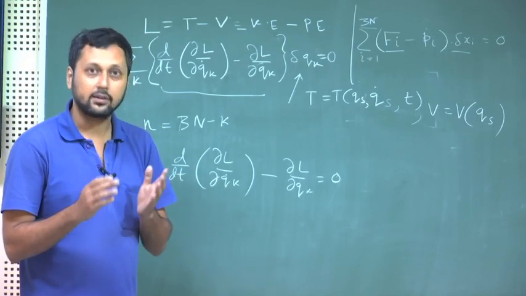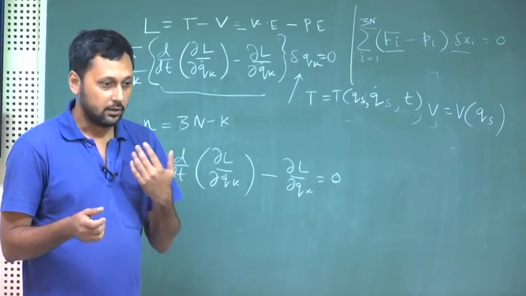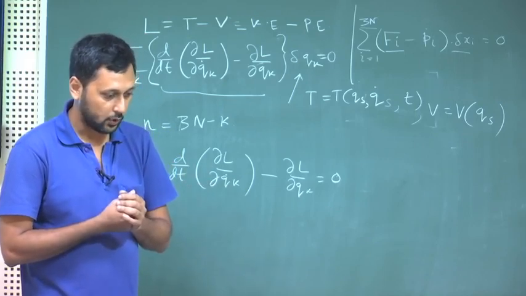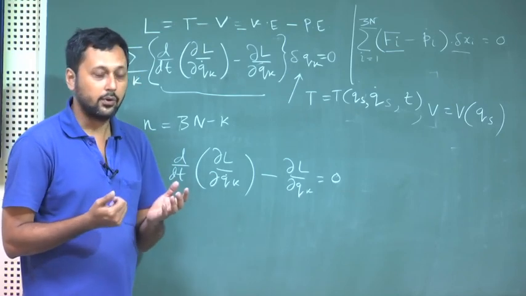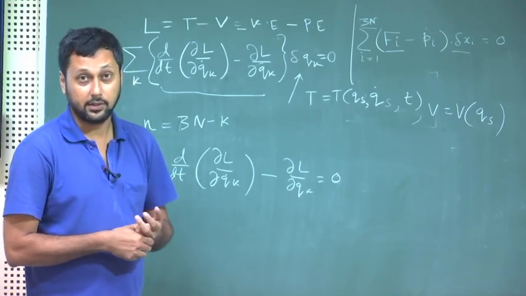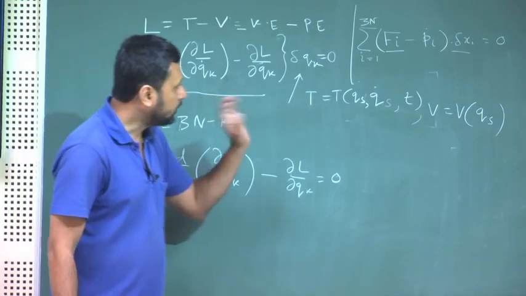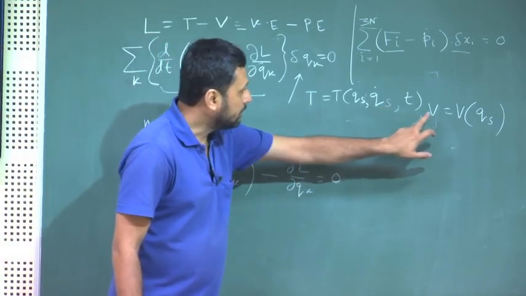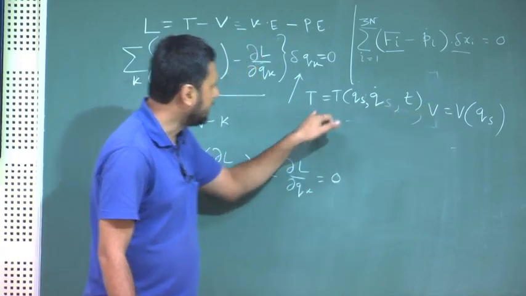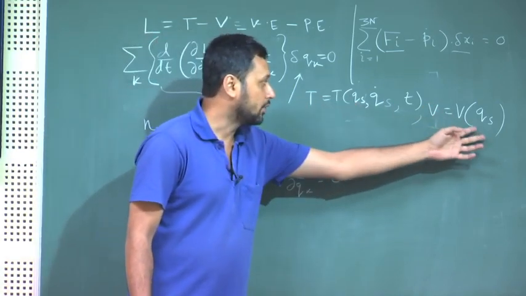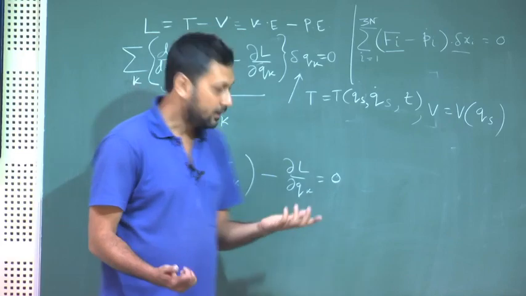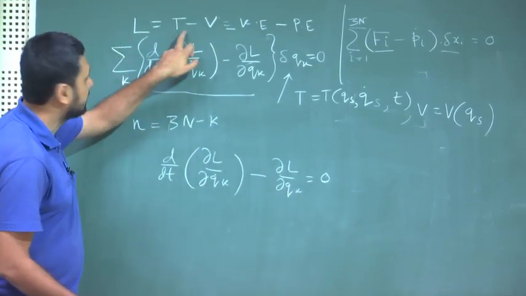First of all we have to look at the constraints, or rather we need to know how many independent coordinates we need, of course, that is a prerequisite of the system. But once we know that, if we can define potential and kinetic energy in terms of generalized coordinates and generalized velocities, then that is all we need. We can construct the Lagrangian.